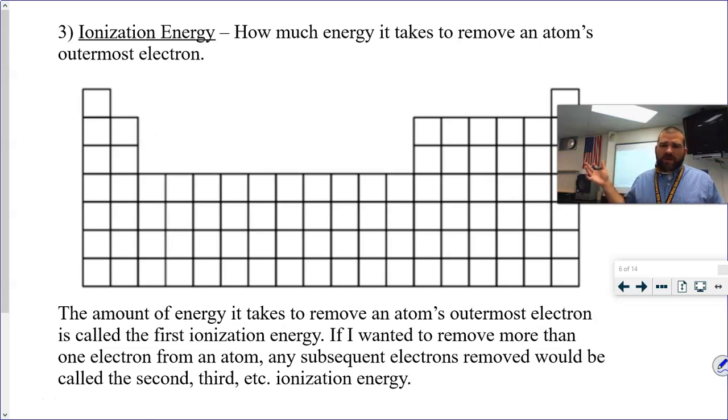Elements on the right-hand side generally gain electrons to have an electron configuration that's equal to a noble gas. Now, when we're talking about ionization energy, this is how much energy it takes to get rid of one electron. The elements on the left want to get rid of electrons. When they become positively charged, they are more stable, and they generally end up with an electron configuration equal to a noble gas. So it's kind of easy to remove electrons on the elements on the left, but the elements on the right don't want to lose electrons at all.